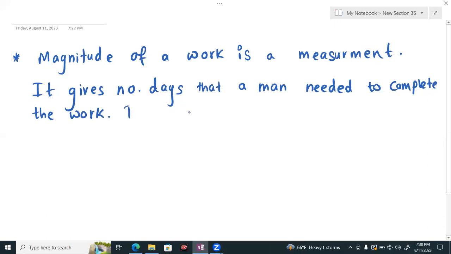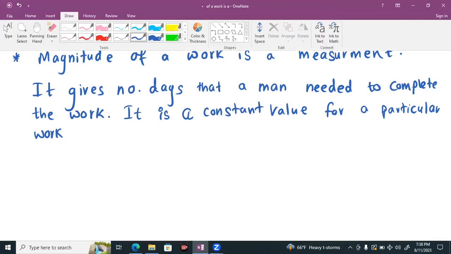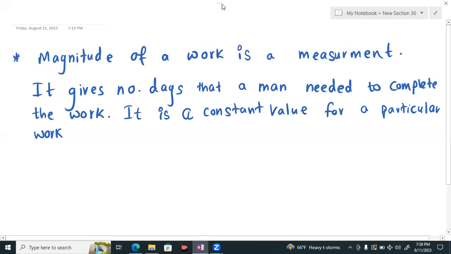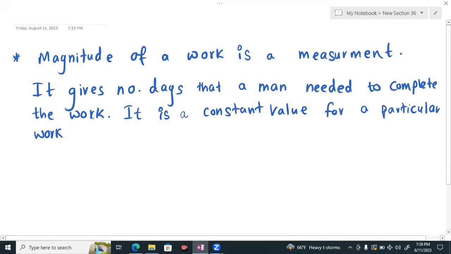It is a constant value for a particular work. Constant means it does not change according to the number of men and number of days. It remains an unchangeable value.